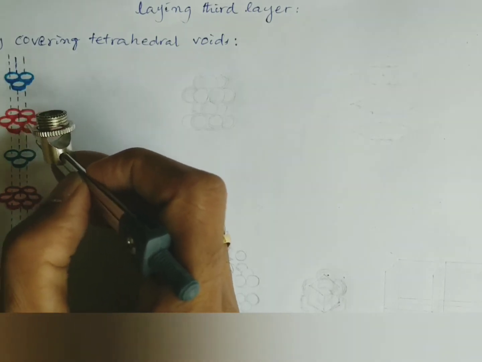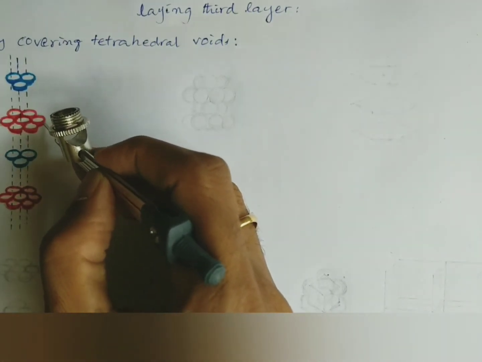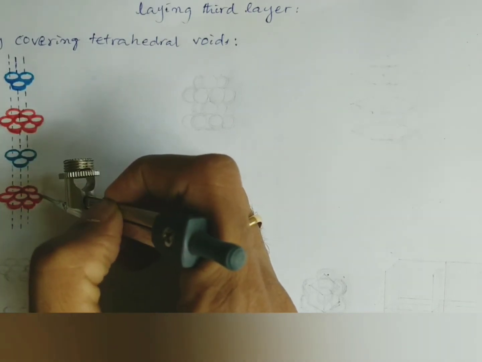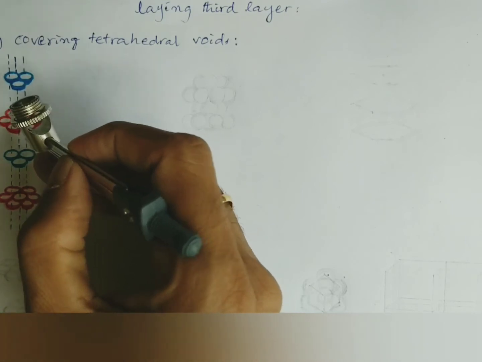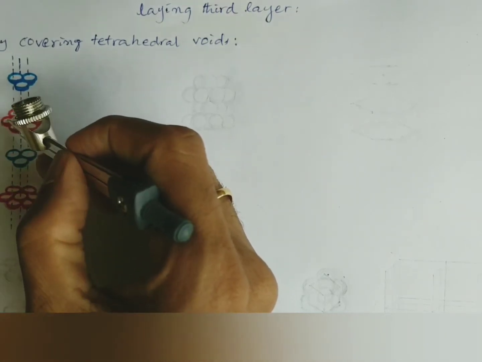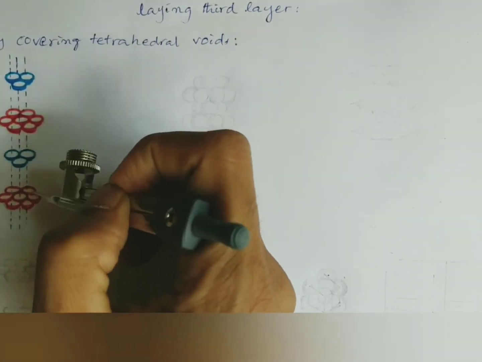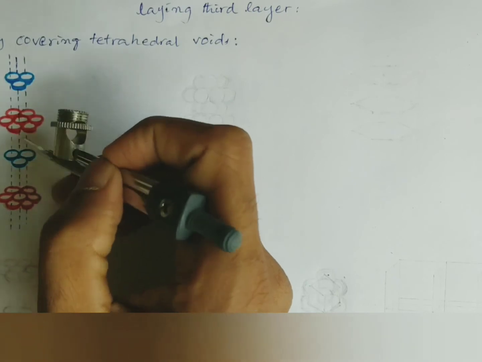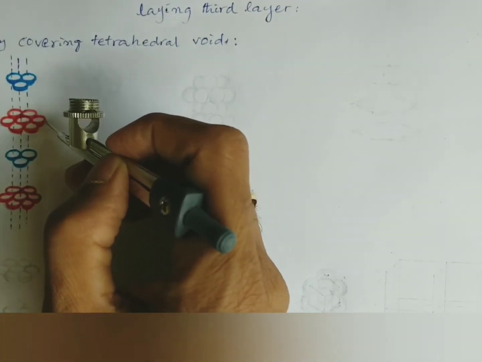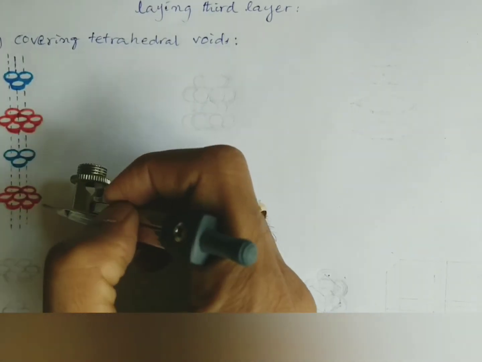When these 6 atoms are placed, this becomes an identical layer to this, because all these 6 atoms will be aligned with the first layer of atoms. This is aligned with this, similarly this with this. Like this all the 6 atoms are aligned. So that means it becomes similar to the first layer. So this and this are similar.